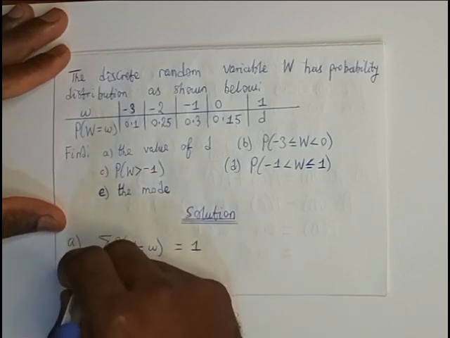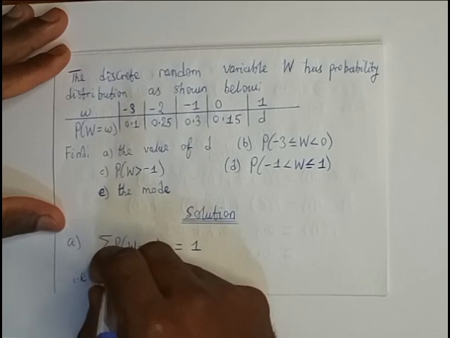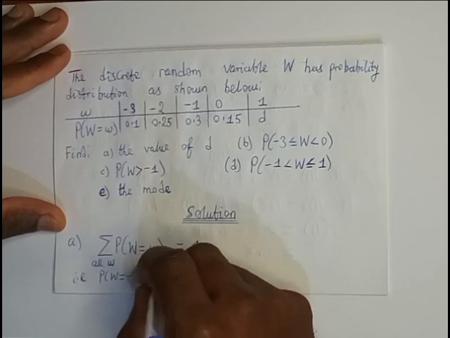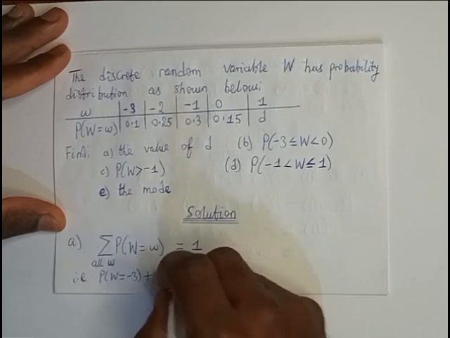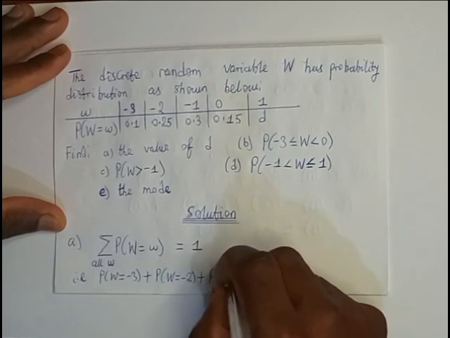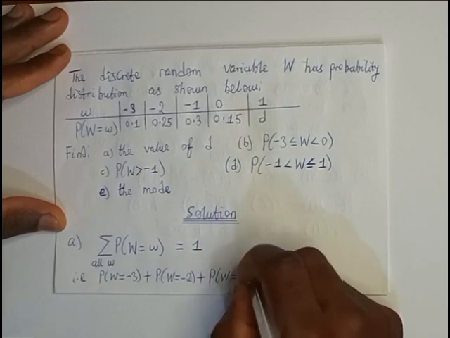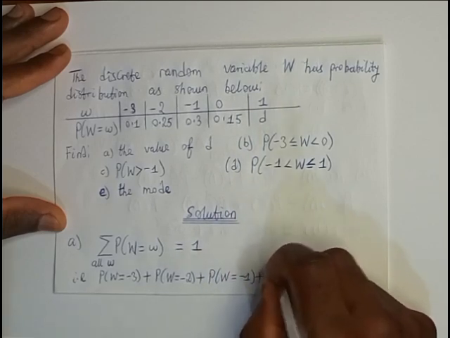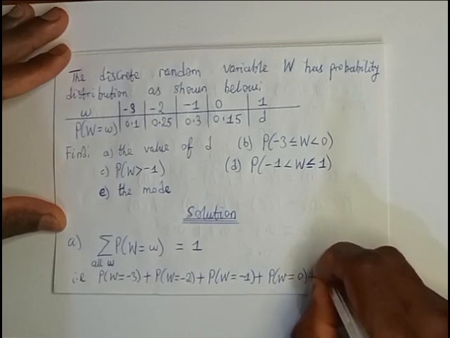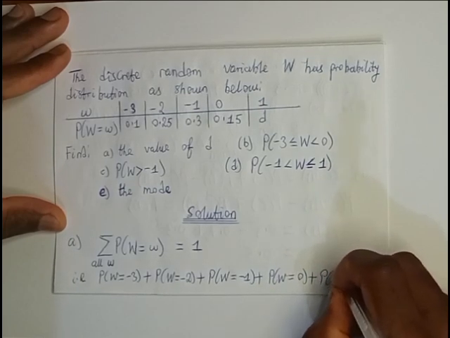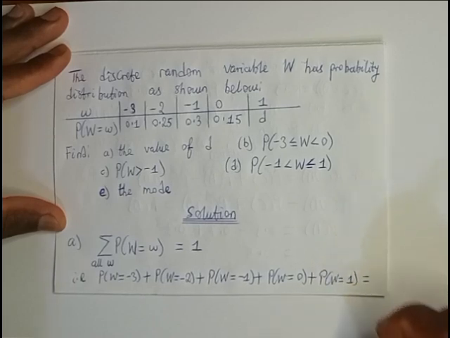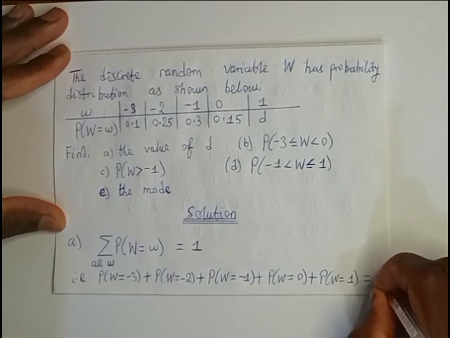That is, we take P of W equal to -3 plus P of W equal to -2 plus P of W equal to -1 plus P of W equal to 0 plus P of W equal to 1. All this will be equal to 1.